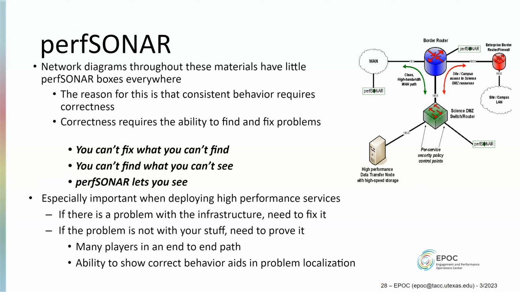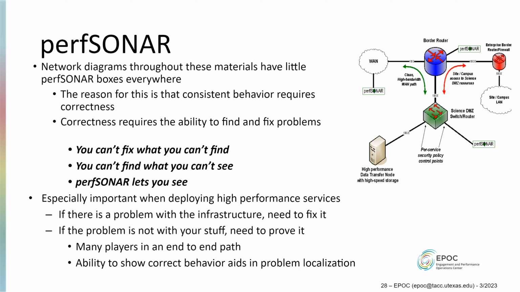perfSONAR is the tool that gives us eyes to see in the network where the bottlenecks are, why performance isn't there. So you'll notice that every diagram we have, there's little perfSONAR nodes hanging off to the sides of all these devices. It's because we need eyes on the network to be able to find and fix these problems. That means we need to be able to simulate large data transfers.